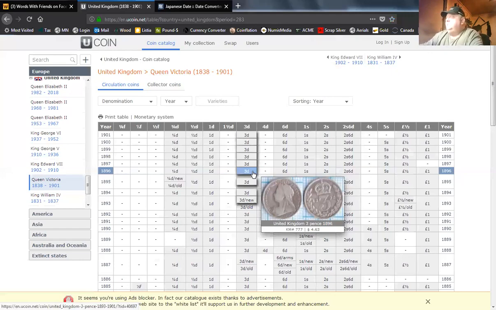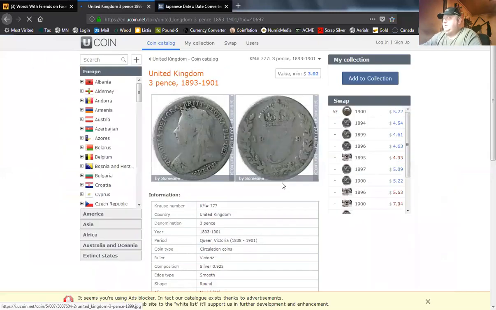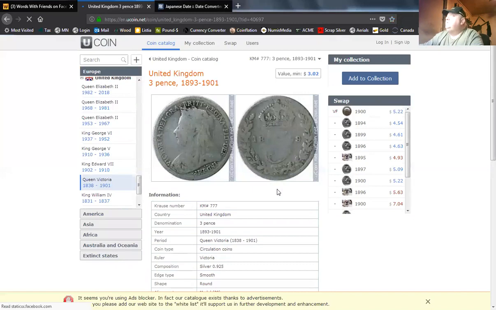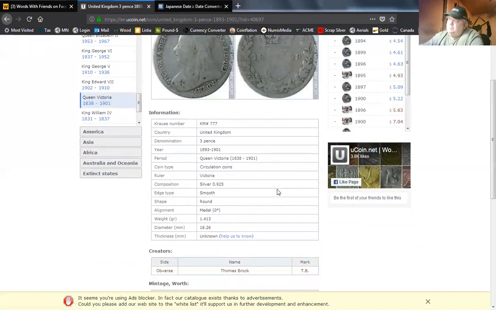Now, if we click that tile right there, I mean, this is very easy to use, and they're always updating it, adding more stuff to it. But if you look right up here, the value minimum is $3.02 for that coin. That's what it is.